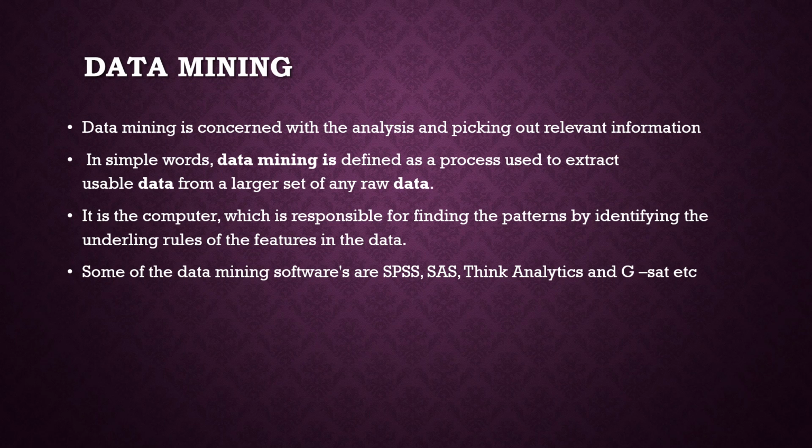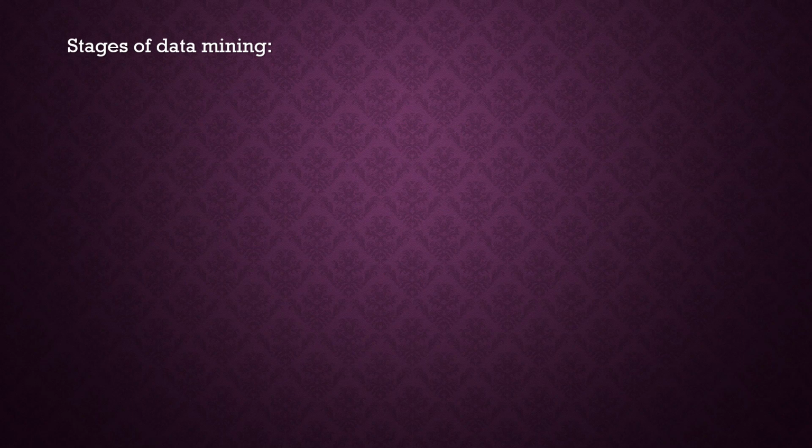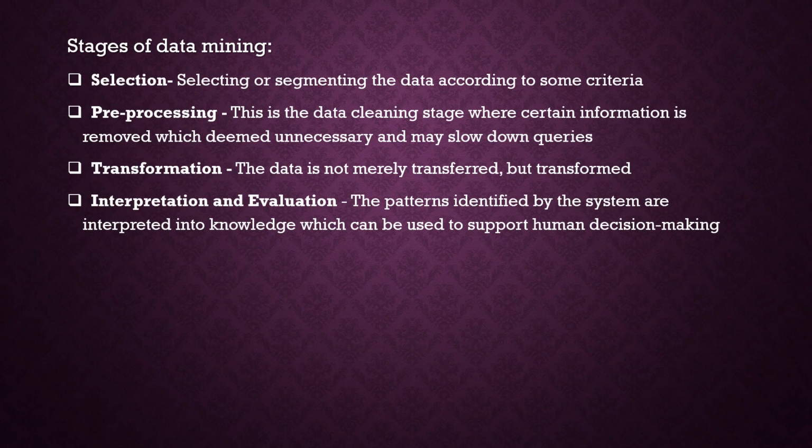And the next concept is stages of data mining. Selection, pre-processing, transformation, interpretation, and evaluation are the stages of data mining. The first one is selection, selecting or segmenting the data according to some criteria.